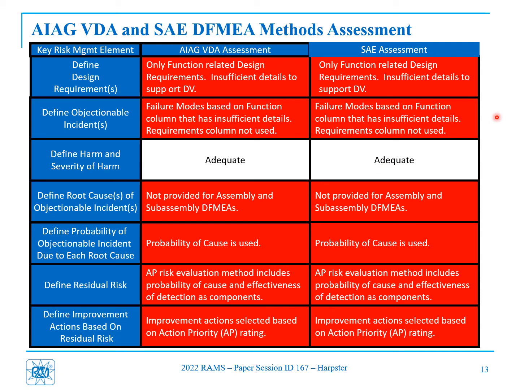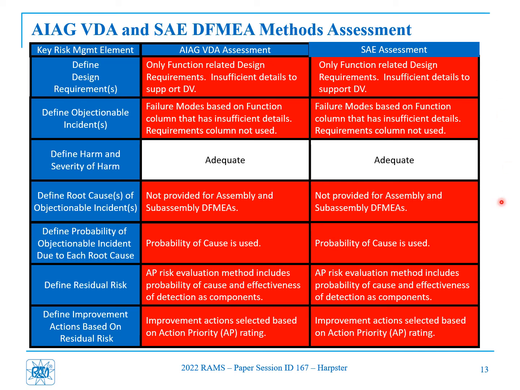The second thing we see is that because these are very generic statements, the failure modes tend to become very, very generic. And when you take the combination of these two, it makes it very difficult to create a very good design verification plan to assess the adequacy of your design.